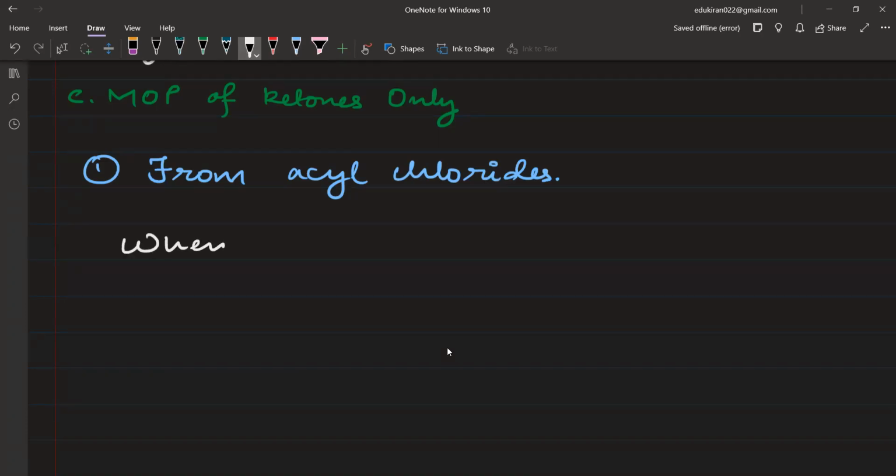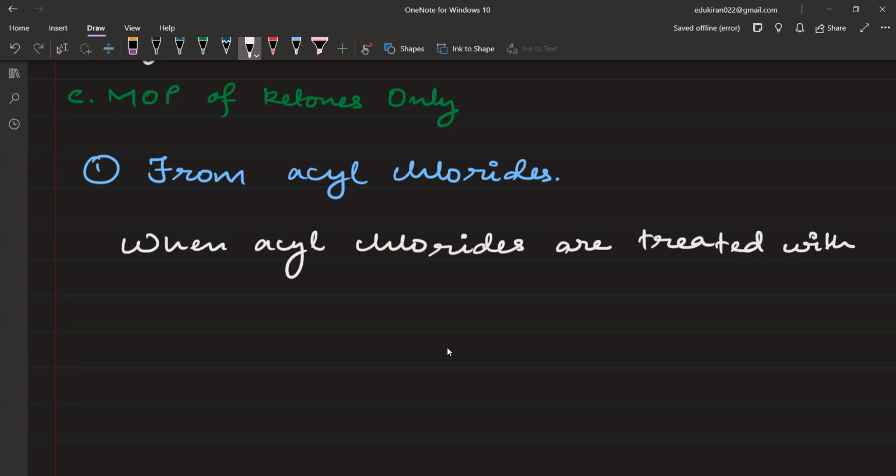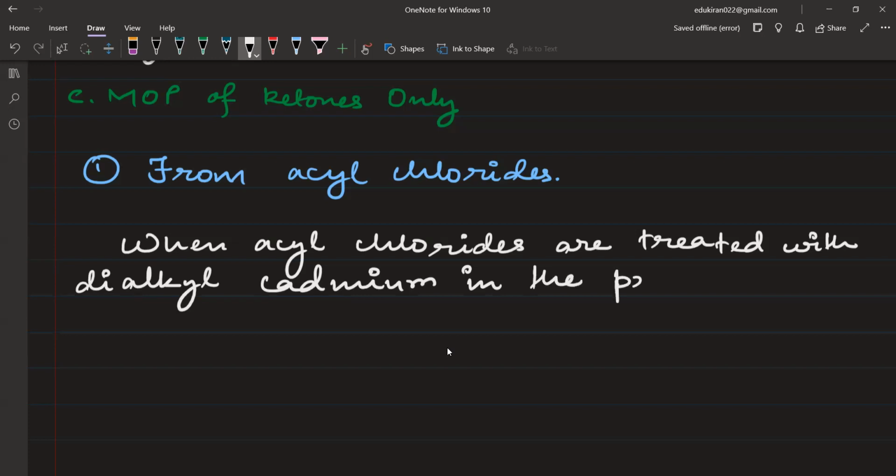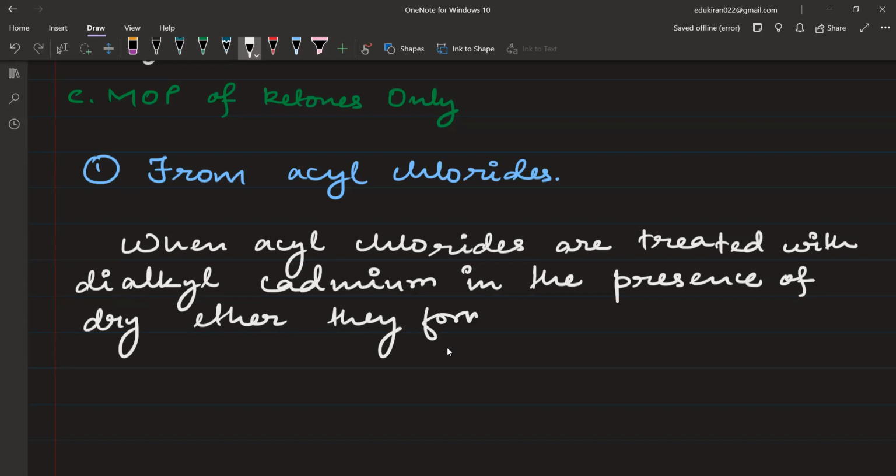When acyl chlorides are treated with dialkyl cadmium, in the presence of dry ether, they form ketones. Right, next.